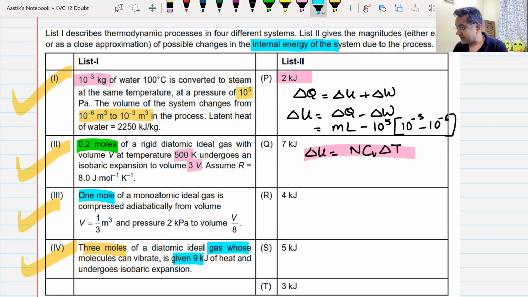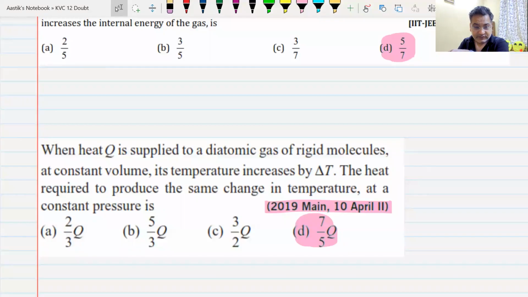We have done the same question. 9 kilojoules of heat is given. Find the change in internal energy. You have to find the ratio of delta U by delta Q. We have seen so many questions like this. You can go back and see that we have done the same question. All these are the same question.